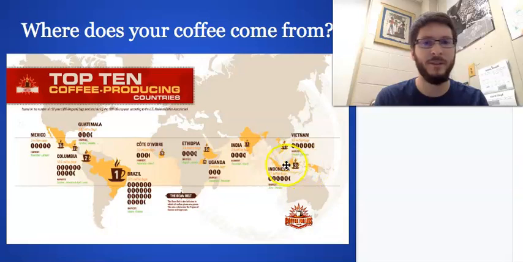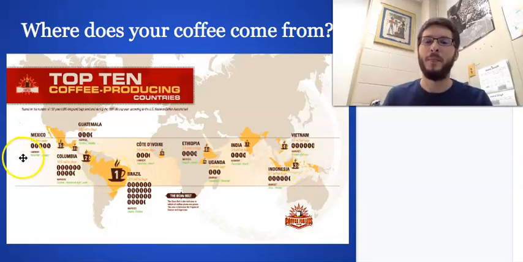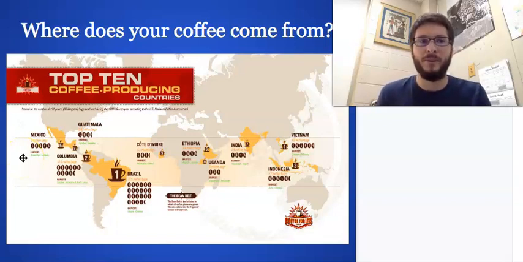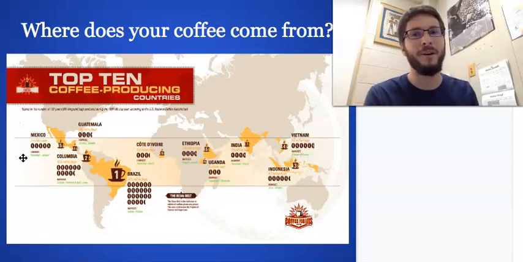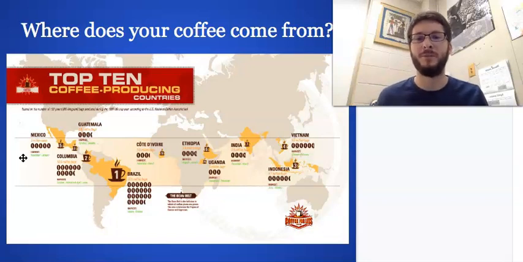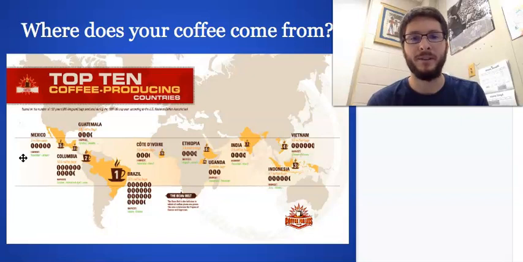Some of it comes from Indonesia. A lot of it might come from Colombia or Brazil. But you might not realize, you take for granted when you go to Starbucks, they have your coffee on tap there, but it wasn't grown out back behind the Starbucks in Beloit, right? It was grown potentially thousands and thousands of miles away.